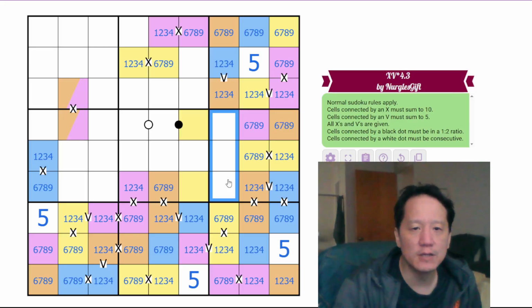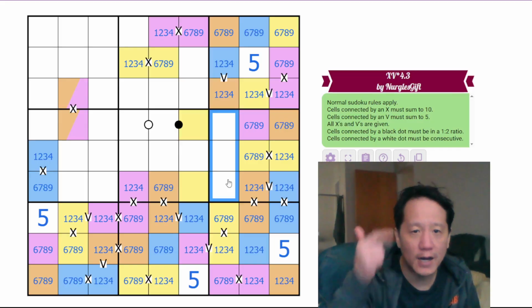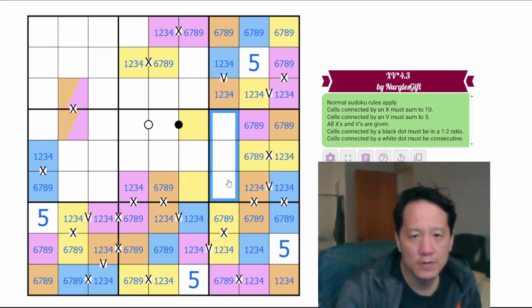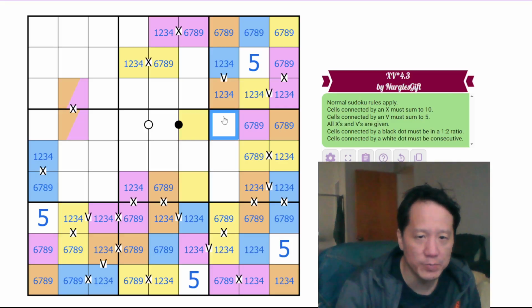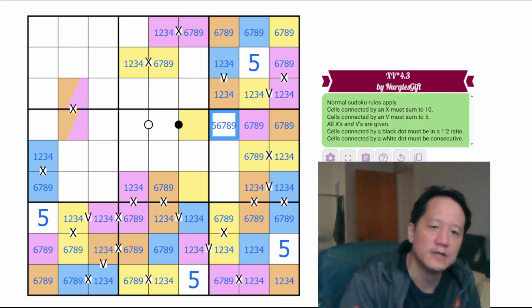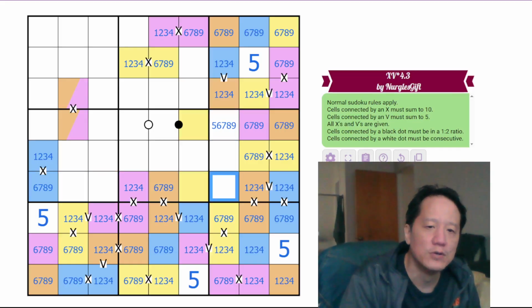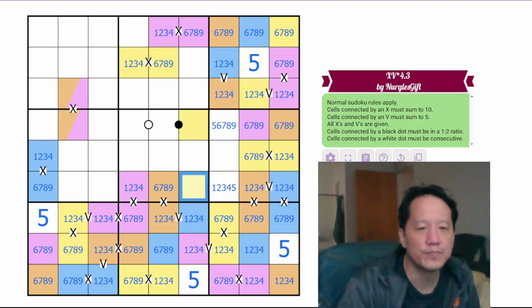We are missing low pink, high blue, and a 5. This cannot be low pink. So this is high blue or 5. So 5, 6, 7, 8, 9. This cannot be high blue. So it's low pink or 5 here.